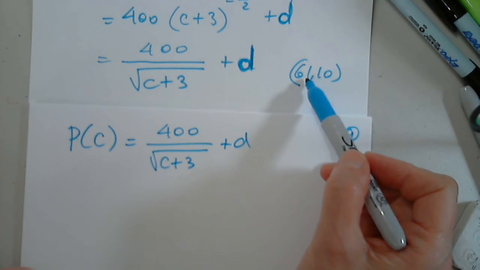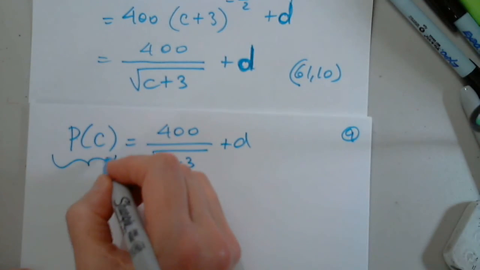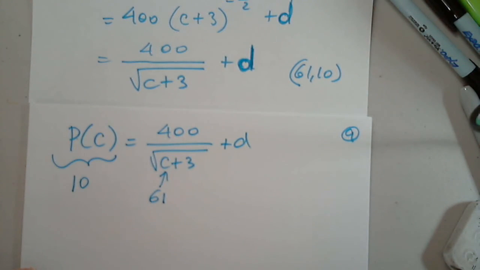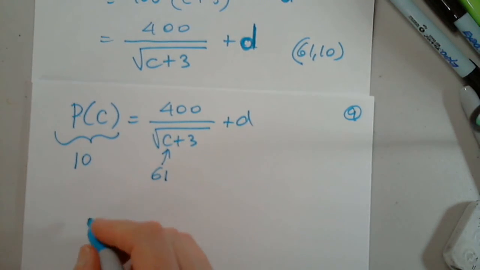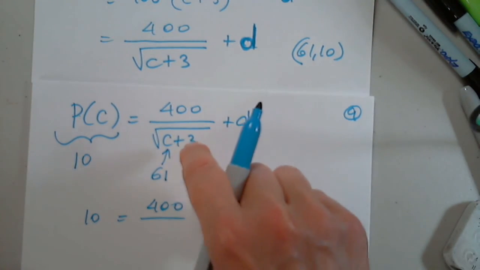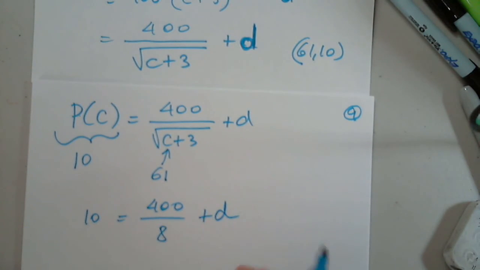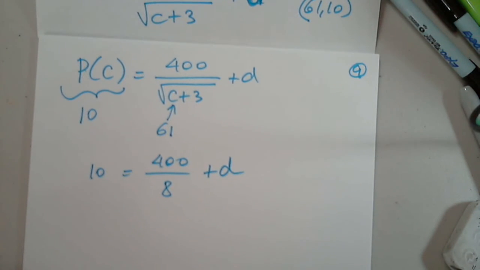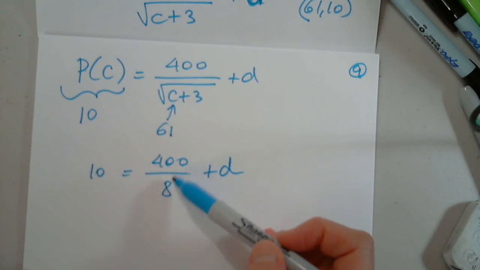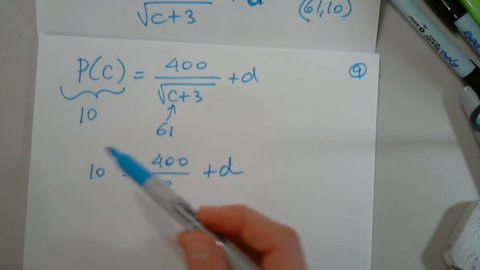Now, when C is 61, P of C is 10. So the equation: 10 equals 400 over the square root of 61 plus 3, which is 64. The square root of 64 is 8, plus the constant D. So this is 50. When I move it to the other side, it will be negative 50.